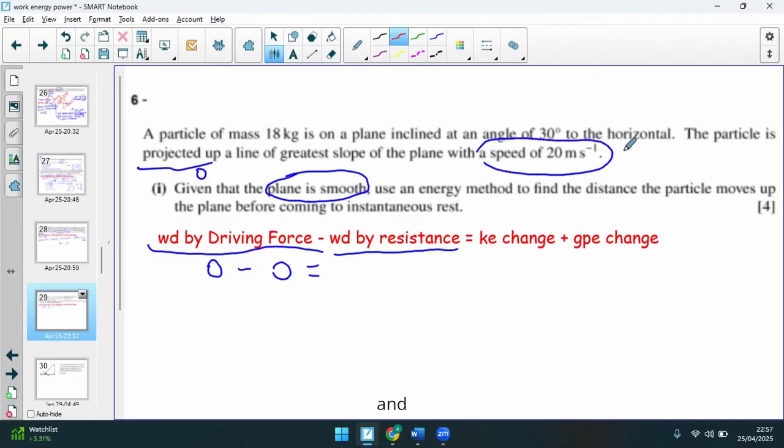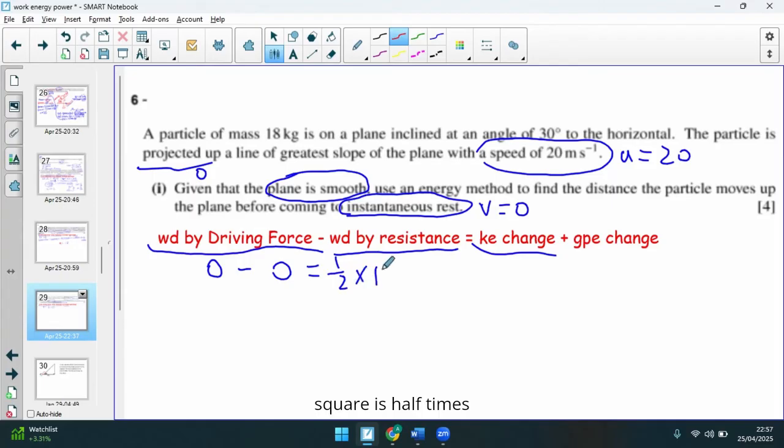And the model we're doing is that it will come to rest, so V will be zero. So your KE change will be half times M times V squared minus half times M times U squared.